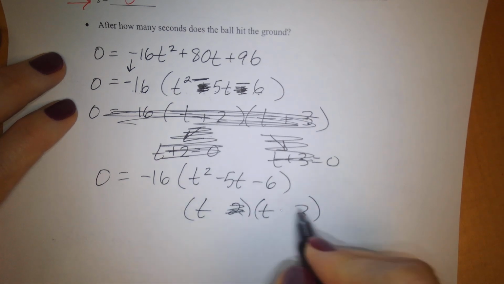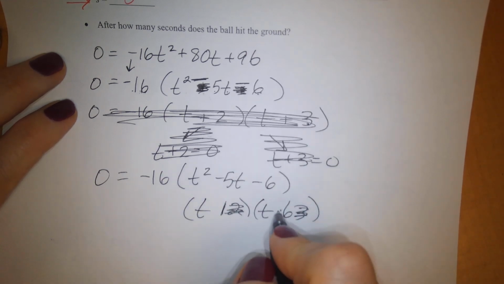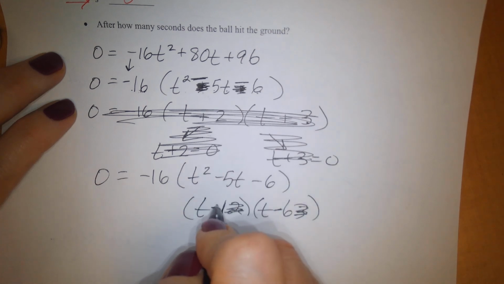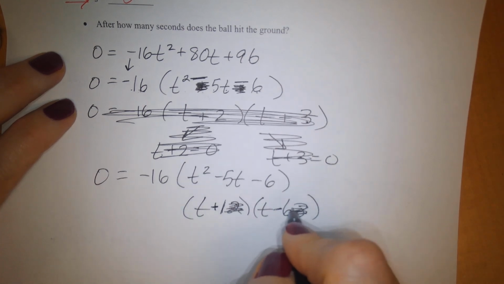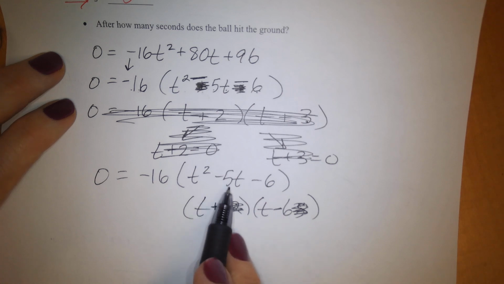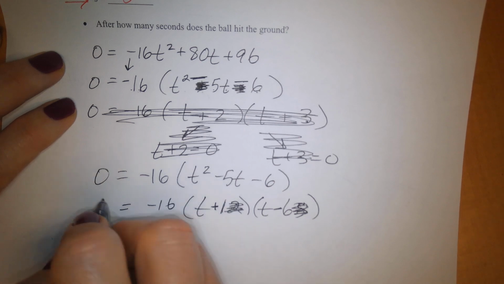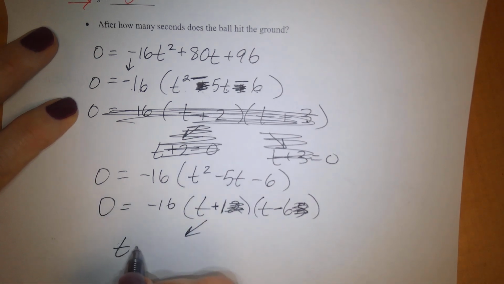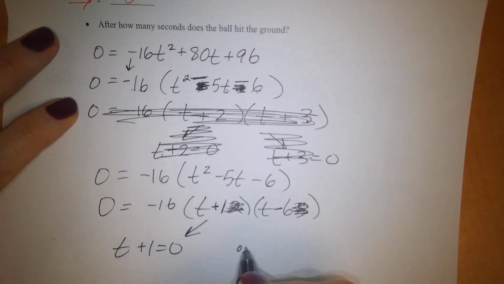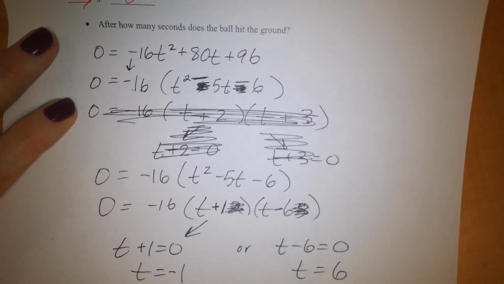No. How about 6 and 1? Yes, negative 6 and positive 1. Negative 6t plus 1t is negative 5t. Okay, so we have found our factored form. So that means either t plus 1 is 0 or t minus 6 is 0. If I subtract 1, t is negative 1 or t is 6.